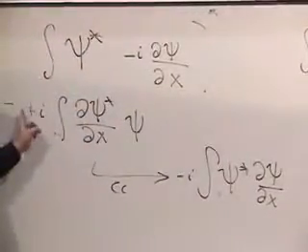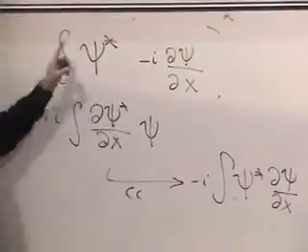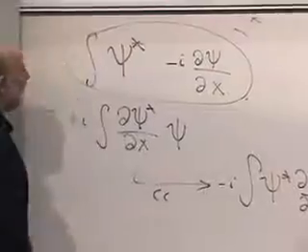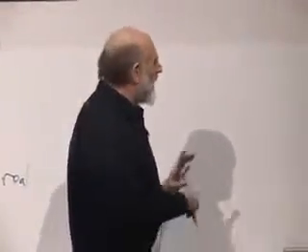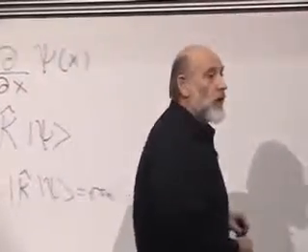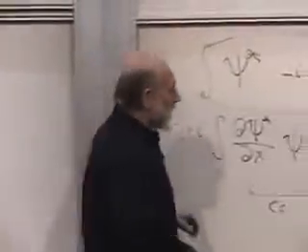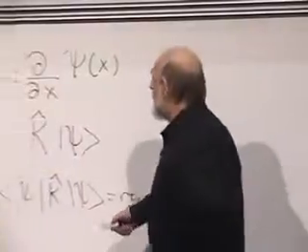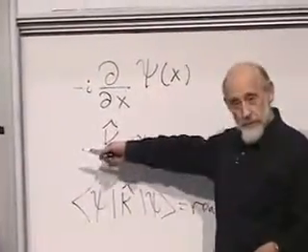So I proved that this is its own complex conjugate. If it's its own complex conjugate, it means that it's real, and it means that minus i d by dx is a Hermitian operator. Right. The extra sign is a little surprising. You might have thought that just d by dx was Hermitian, but it's not.